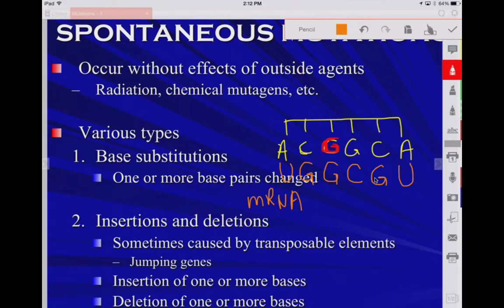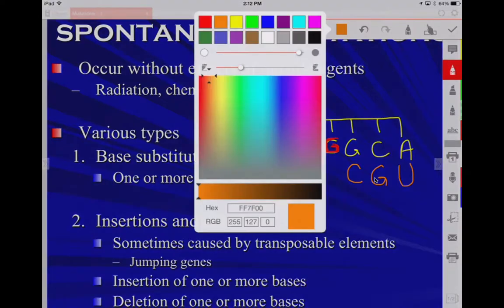But due to a mistake like this, we'll just grab the eraser tool here for a second. There we go. You won't get this, which is what you would have expected. Due to that mutation, instead what you'll get, this being G, you will get a new insertion. I'm going to go back to the pencil tool.